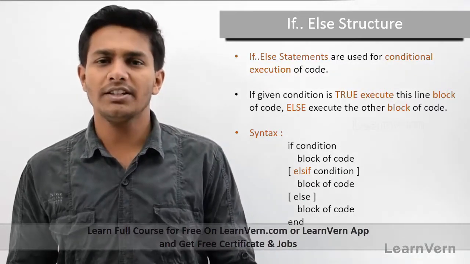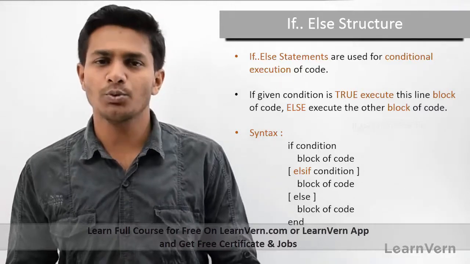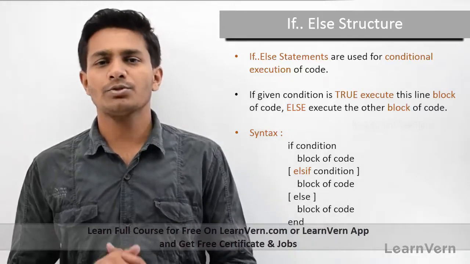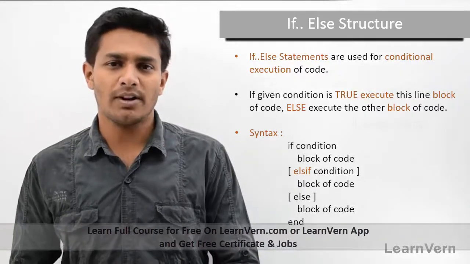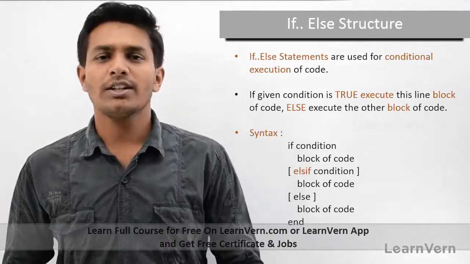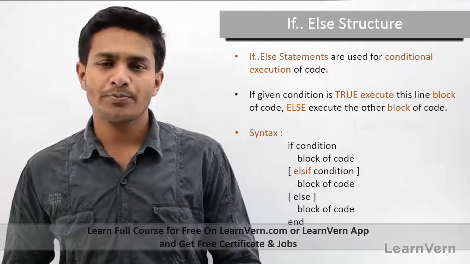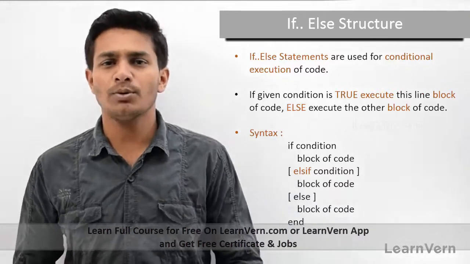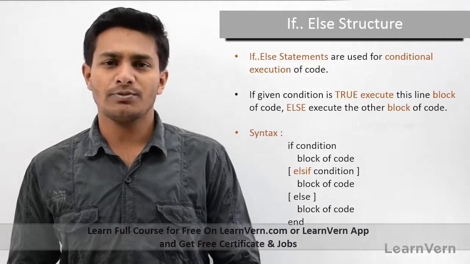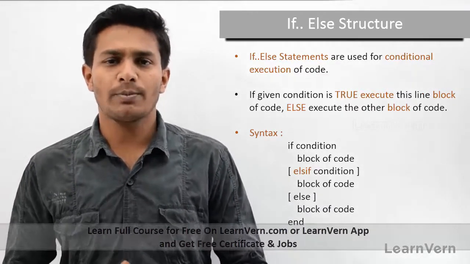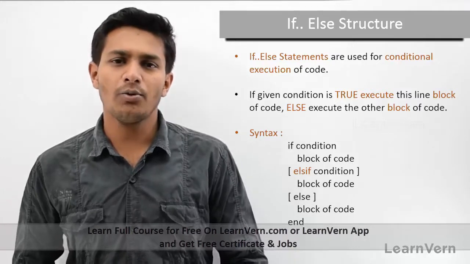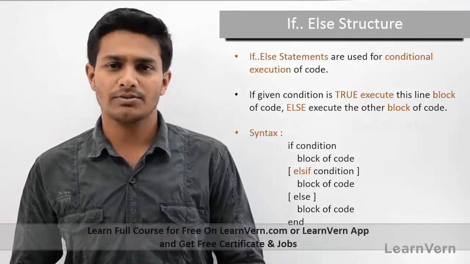Actually the spelling is ELSIF for Ruby. And we need to put our second condition there, and if that condition is satisfied and returns true, then it will execute its block, and if neither of these conditions is satisfied, in this case it will execute the last else part. So this is how the if-else statement works.